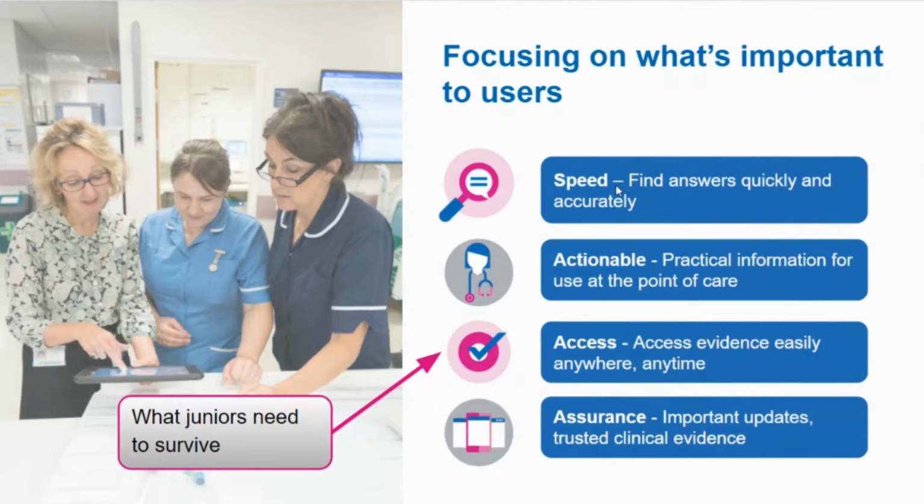They expect the content to be accessible, and that means on a mobile, but also on an offline app, and also ultimately integrated into an electronic healthcare record or any other system that they're using, so that the knowledge that they need is only one click away. And they also want to be assured that the content is continually updated and also evidence-based.